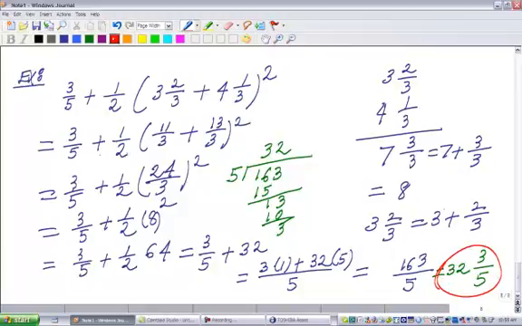Like here, 3 over 5 plus 32 is 32. Three over 5. Oh yeah, I didn't have to do it. You're right. You see what he is saying? I didn't realize this is already 32 plus 3 fifths. I didn't really have to do all the work because this was already done here.